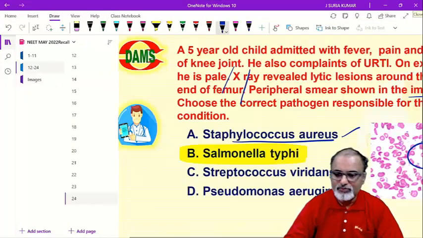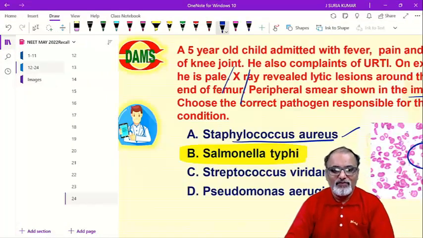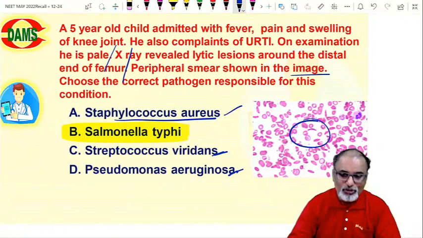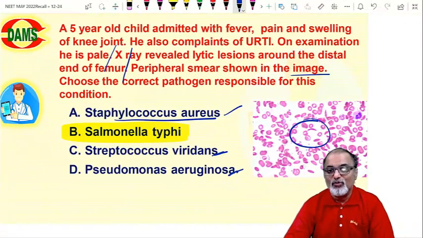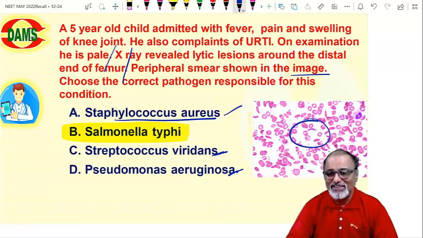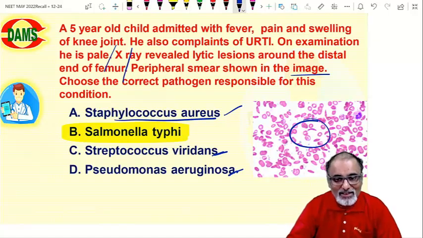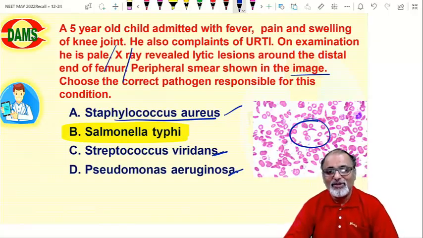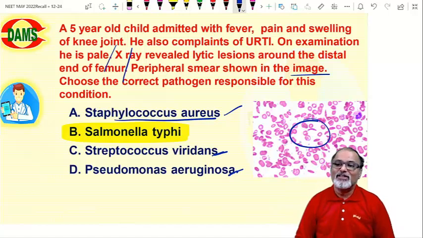So with this, there are 24 questions we have discussed, more than 1/10 from one subject. Many questions are overlapping. This question is orthopedics, because of integration, and another MDR TB, pulmonology, meningitis question.